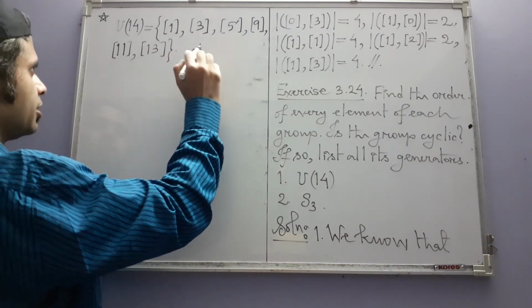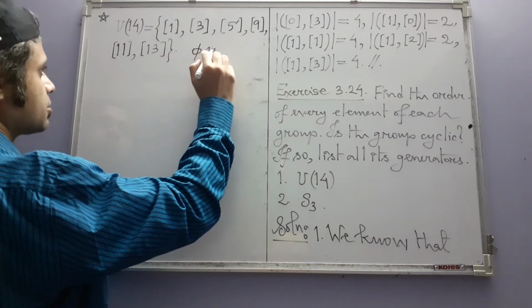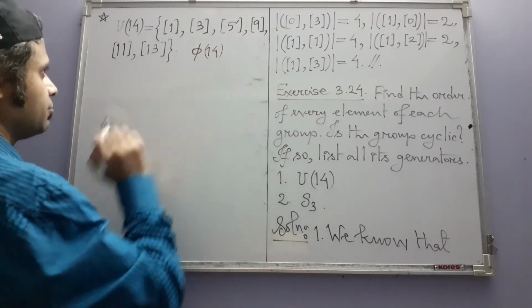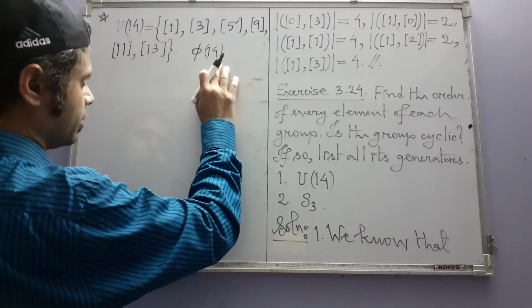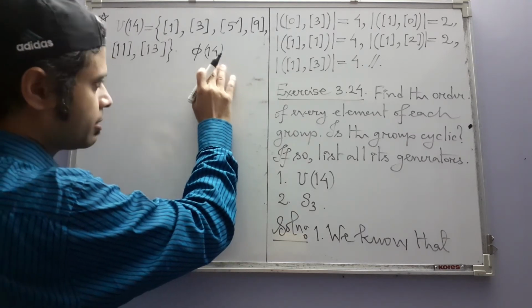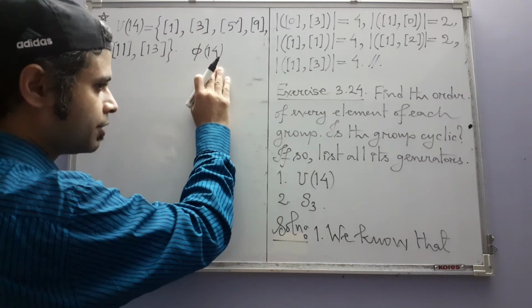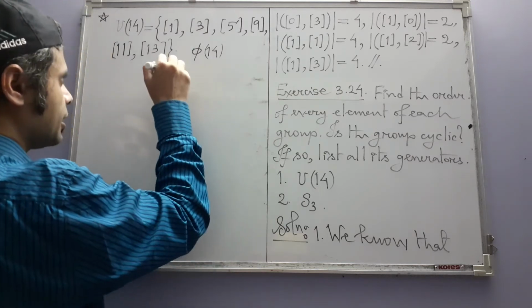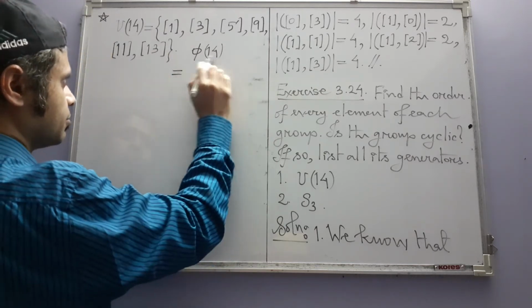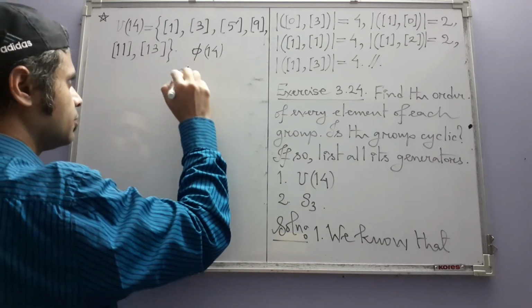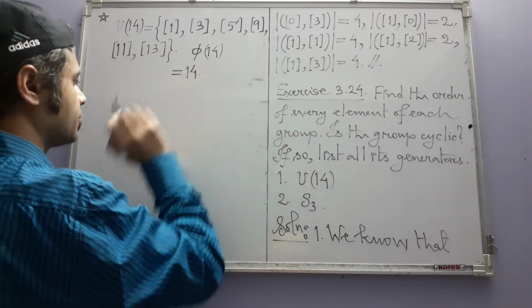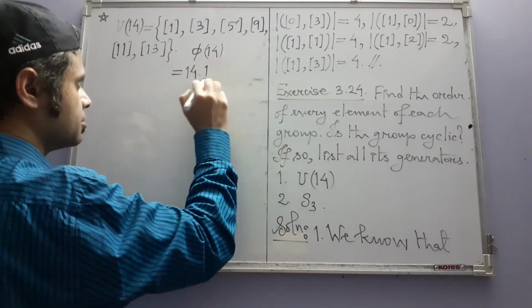If you are familiar with Euler's totient function or Euler's phi function, you calculate this value. It gives you the number of positive integers less than 14 and relatively prime to 14. And the rule for calculating this is you take the number and multiply it with these things.